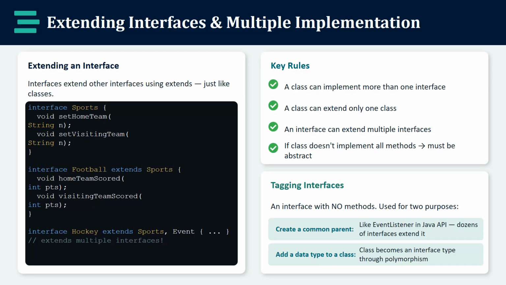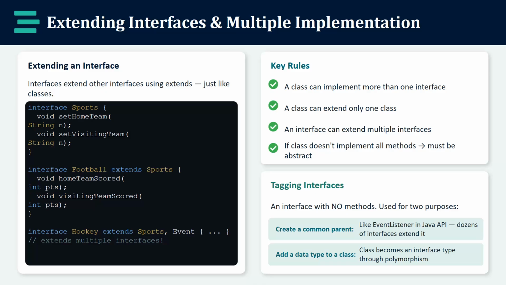You set the sports to be a home team or a visiting team, and then you use the interface called Football to extend the super interface called Sports, and then give the values for the home team scores and also the team.